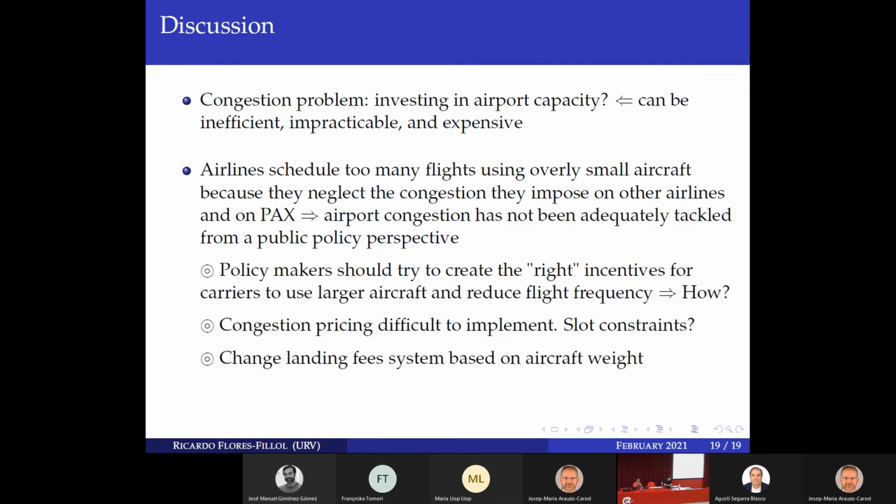Then the other comment is about looking at these problems from a wider perspective, because when implementing these price or quantity-based measures, you are taking current transportation patterns as given. But people move for one reason, mainly for work, commuting, or for leisure.